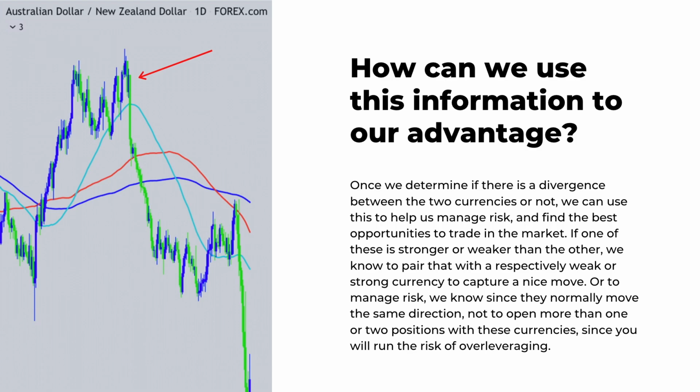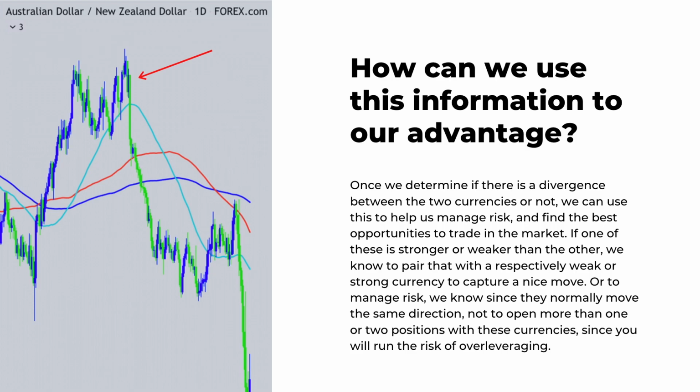Let's say you have two positions on the Australian dollar and two positions on the New Zealand dollar, whether it's with the euro or the dollar or the pound, whatever pairs you're trading, you are exposing yourself more than you would if you were trading, let's say, the Australian dollar and the Canadian dollar or the yen, right?